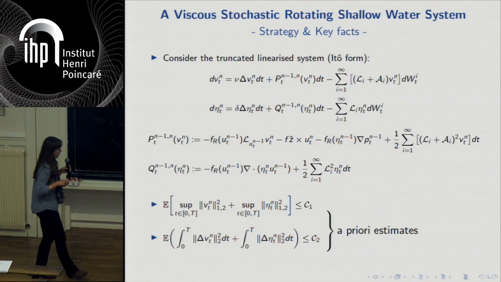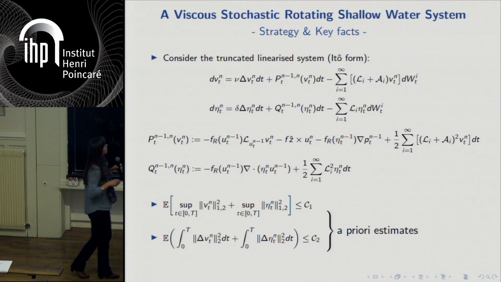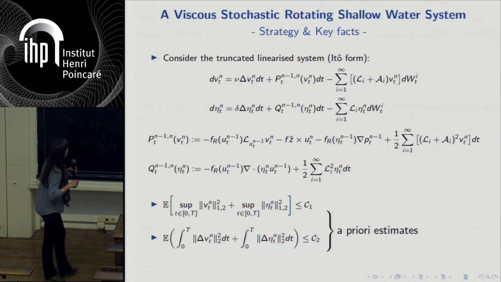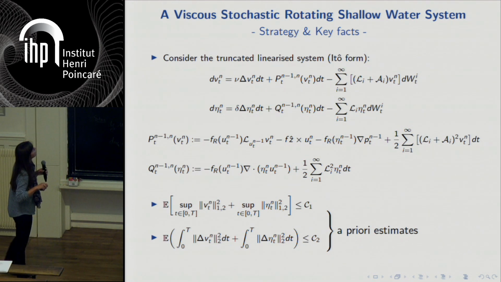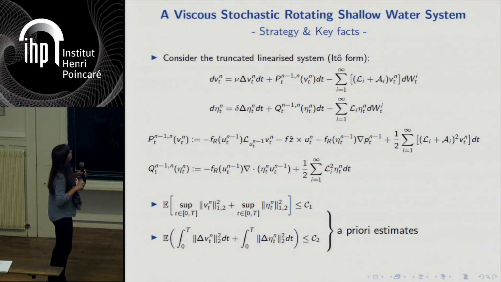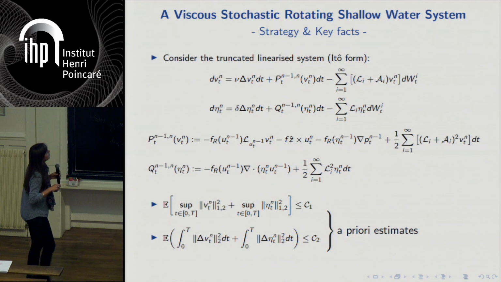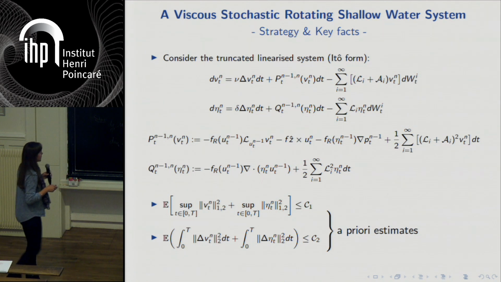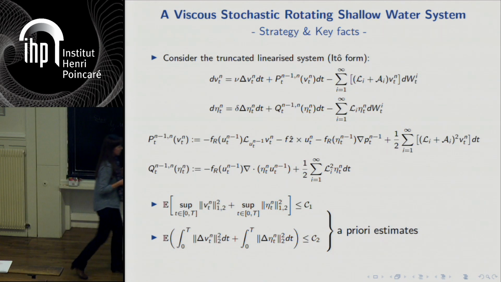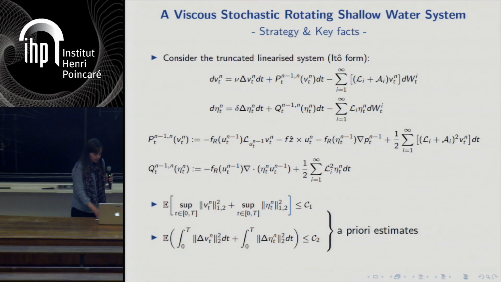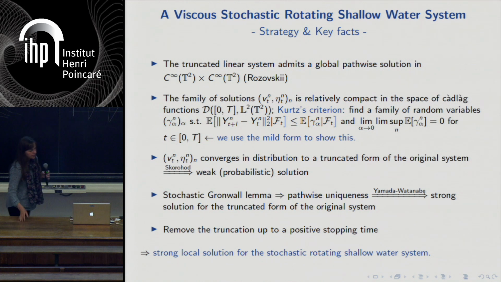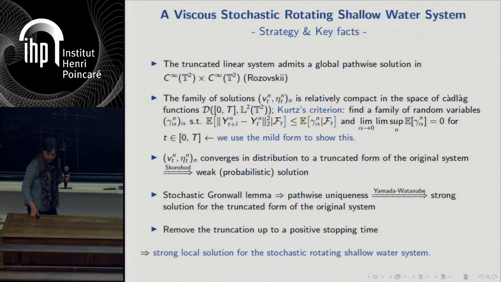Given the fact that we added a viscous term, we are able to show these a priori estimates in the W12 norm. And these a priori estimates allow us to show that the family of solutions is relatively compact.